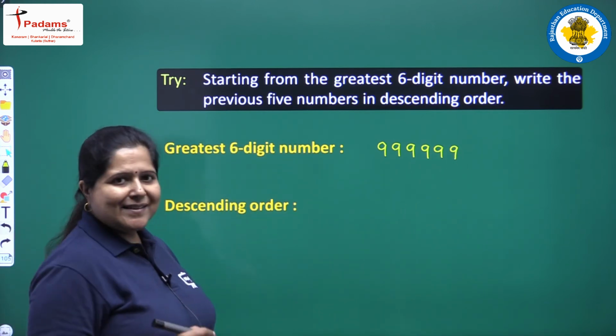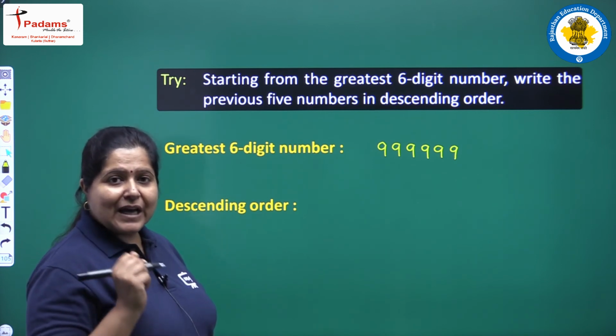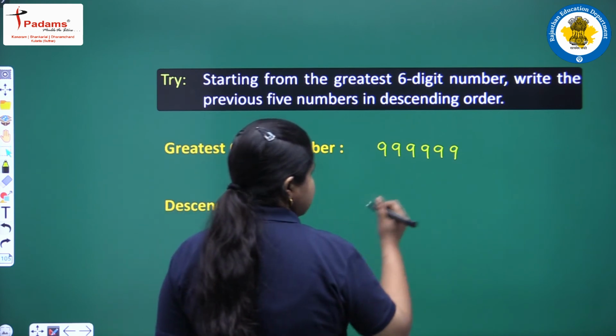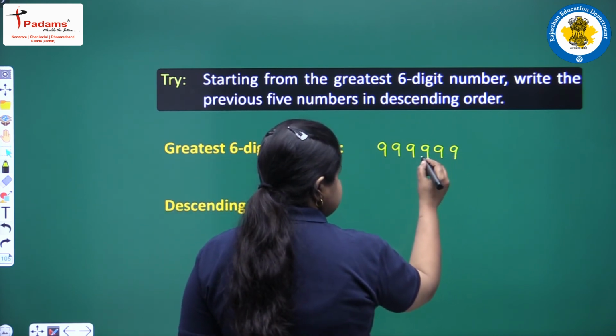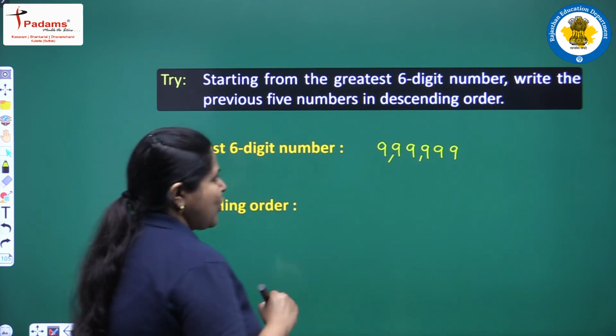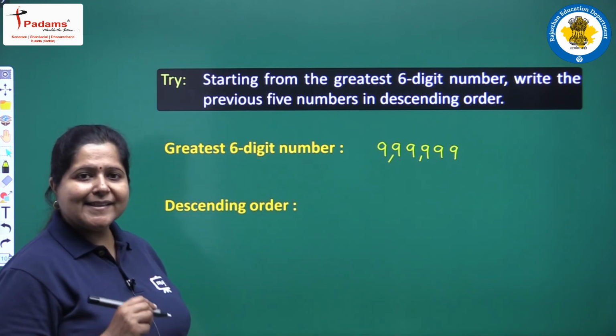Now can you name it? It will be difficult without inserting the commas. So first we will place the commas. Ones, tens, hundreds, the first comma, thousand, 10,000, the second comma. Now we can easily write its name.